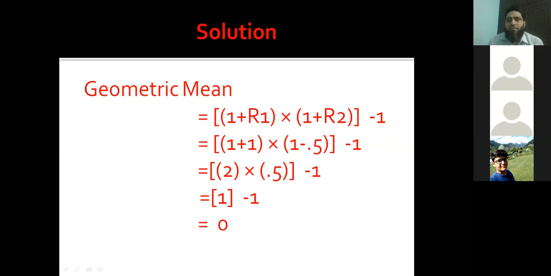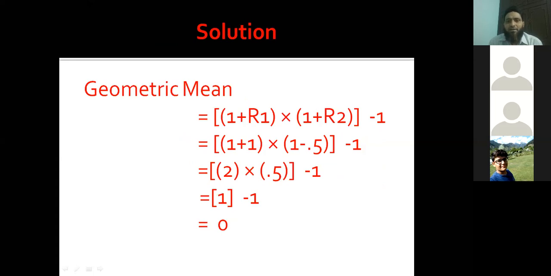In this case, 1 plus R1. First year, market price of the stock was increased by 100%. So whatever is the principal amount is 1 suppose, then return relative is also 1. 100% means same. 1 plus 1, 2. So 100 rupee invested in the beginning, at the end of the year, it will be 200.